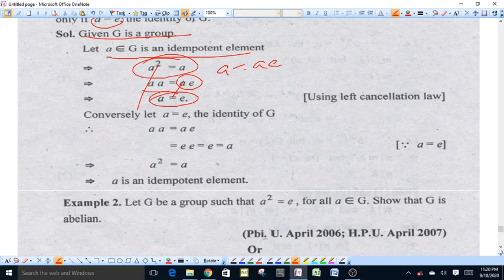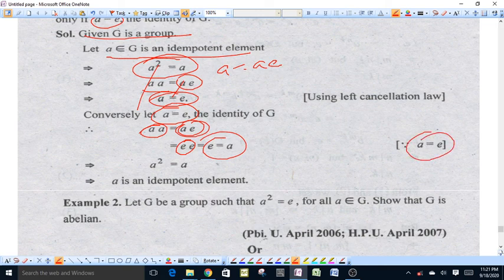Conversely, let us take A is equal to E, because E is the identity element and an element of G. This means AA also belongs to G and AE also belongs to G. AA is equal to AE, which is equal to E dot E, which is equal to A, because A is equal to E, as we have proved in the first step.